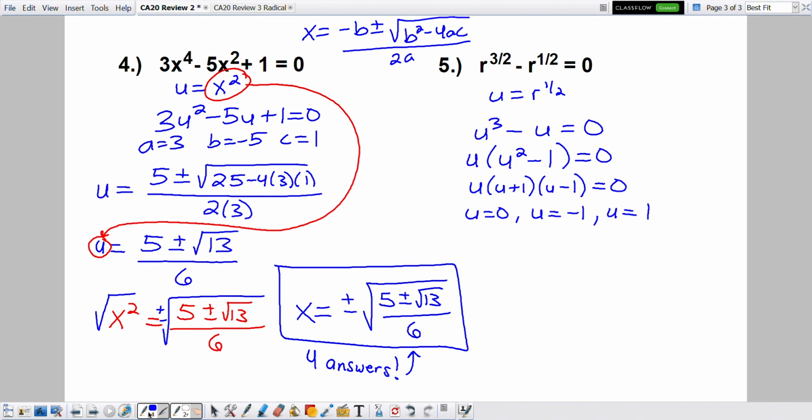And remember, that's not the final answer. The final answer is what you get when you resubstitute what u equals. So r to the 1/2 power gets plugged in for u's. R to the 1/2 power equals 0, r to the 1/2 power equals negative 1, and r to the 1/2 power equals 1.